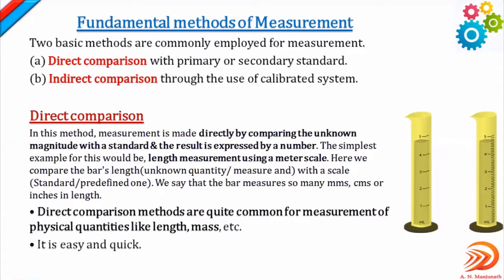First, we'll discuss direct comparison. Direct comparison is one of the methods of doing measurement. As the name implies, it directly compares the unknown magnitude, the unknown quantity, with that of the standard, and the result is expressed in terms of a quantitative number. Suppose you take the same example, the scale with the object, it is comparing.